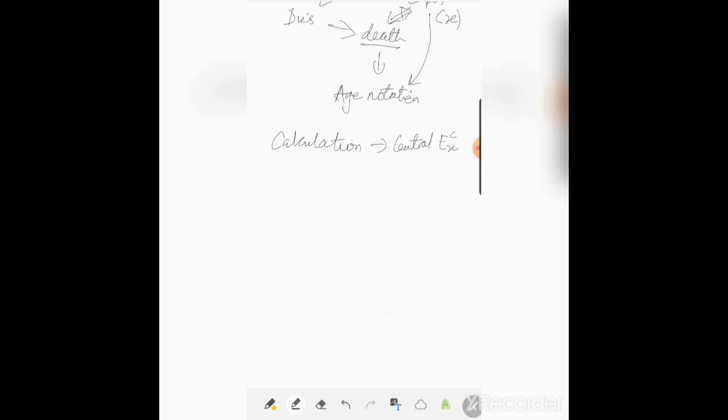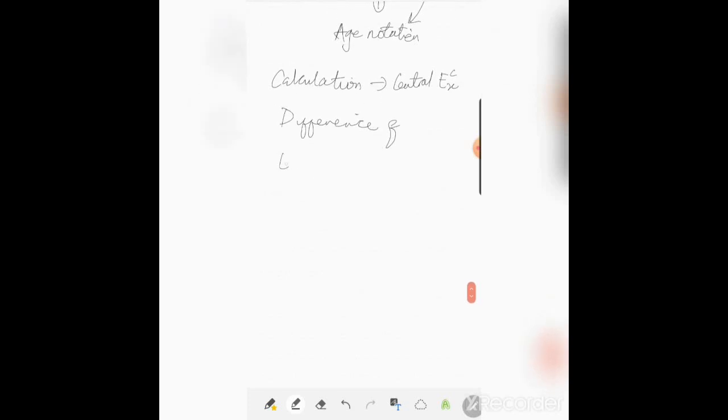Now what we're saying is we're taking 2 dates, and I'm interested in the difference of 2 dates. What are these 2 dates? One, we're talking of the entry point. When I'm looking at the entry point for a particular age, I'm looking at 3 things.